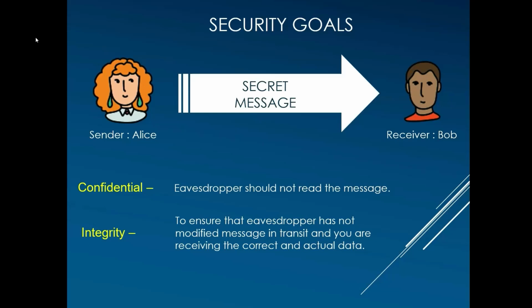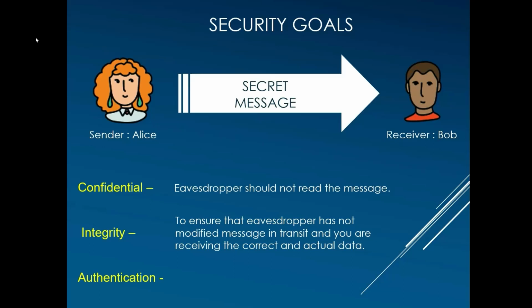The third goal of a cryptographic algorithm is to ensure the identity of the sender and the identity of the receiver. For example, when you log into a bank server, you have to enter your username and password. That is known as authentication. You are authenticating yourself to the bank server.